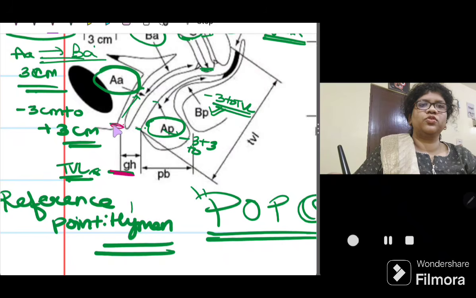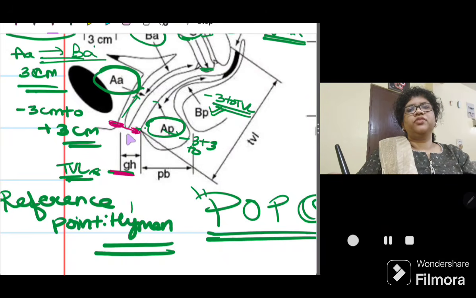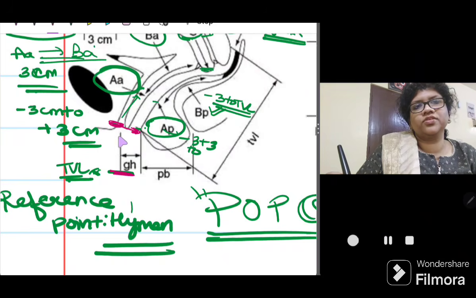Somewhere here is your urethra. So from the middle of the urethral meatus to the posterior hymenal ring, that is your genital hiatus. That's how they have marked it also.